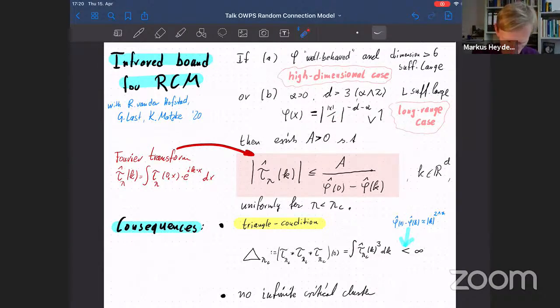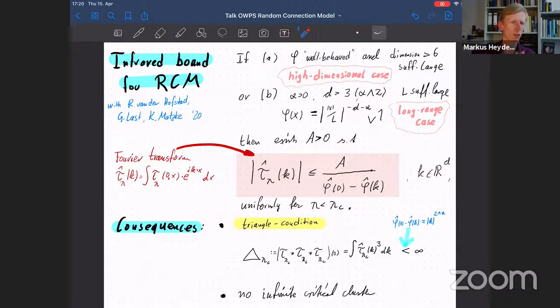There is a uniform constant. Think of 2, for example. And then on the left-hand side, there is the 2-point function, but not the 2-point function itself. It's a Fourier transform. This bound, in this red box, is called an infrared bound, because it's in Fourier space, and it's most interesting for k close to 0.